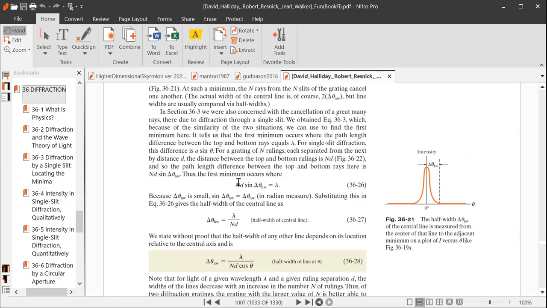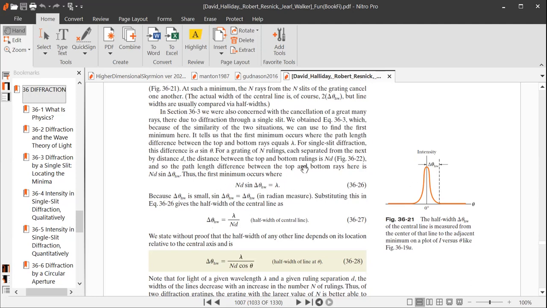Because this is very small, sin delta theta HW is equal to delta theta HW, so we get delta theta HW equals lambda over N d.